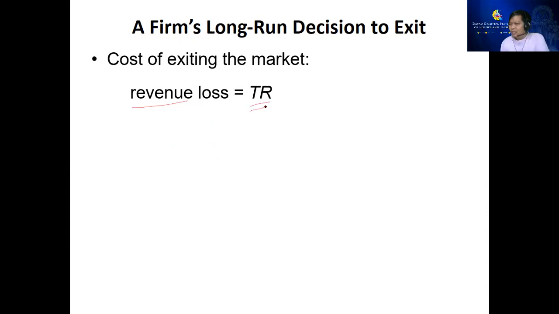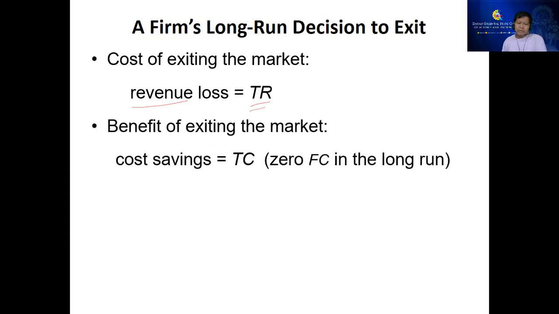Ang ato alang lugi kung exit, ang ato alang halin. Pero ang ato ang naka-save ta bisag di ta mapadayon, because the benefit of exiting the market, cost saving, ang total cost man god, okay, so wala na tay cost, wala na tay gasto.